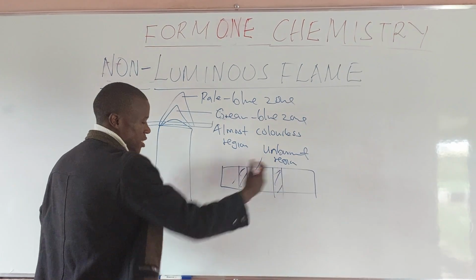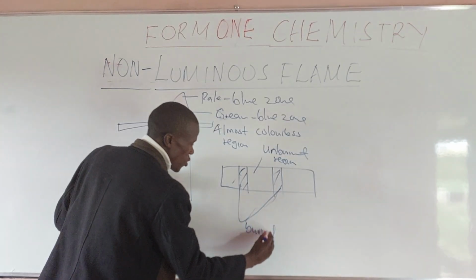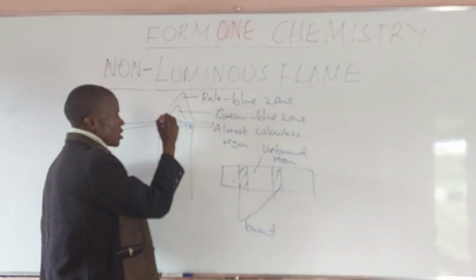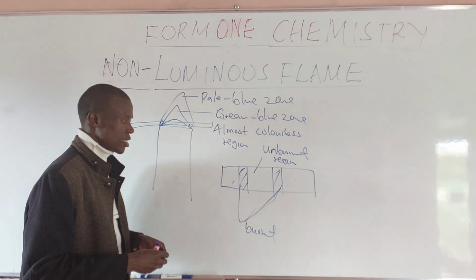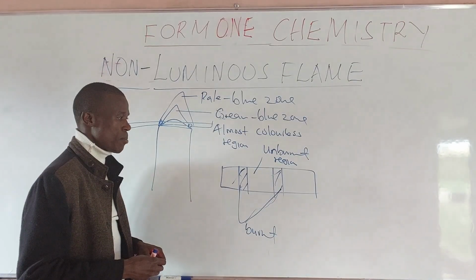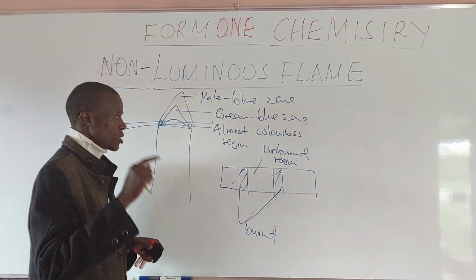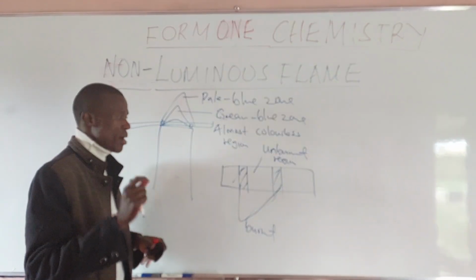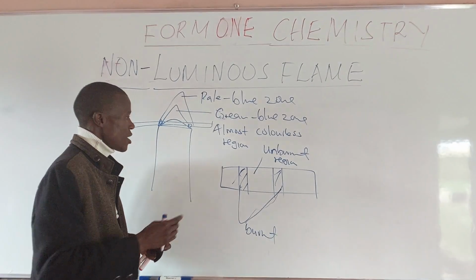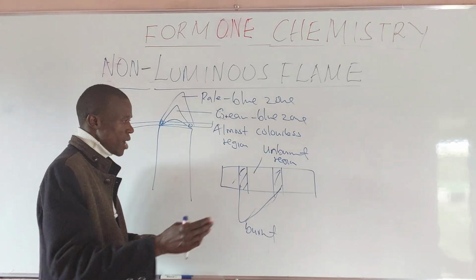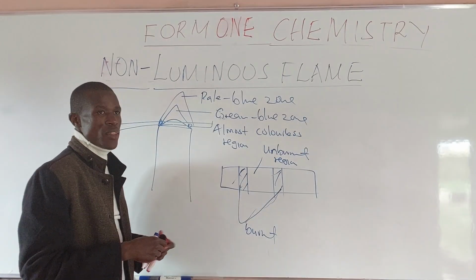The sides will be charred or will be burnt because they were in contact with the regions where we have the burnt gases. So this one can be a question in exam that you must understand. When a splint is introduced into the almost colorless region, the middle part remains unburnt because in the almost colorless region we have unburnt gases. The sides must get burnt because they are in contact with the regions that have the burnt gases.